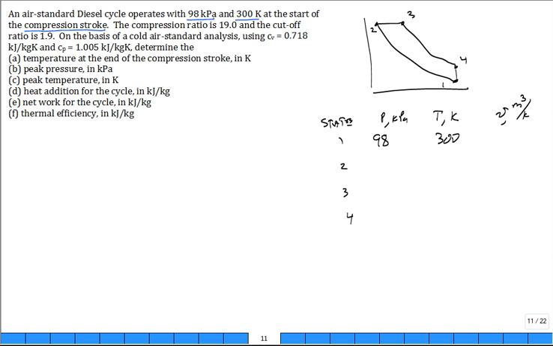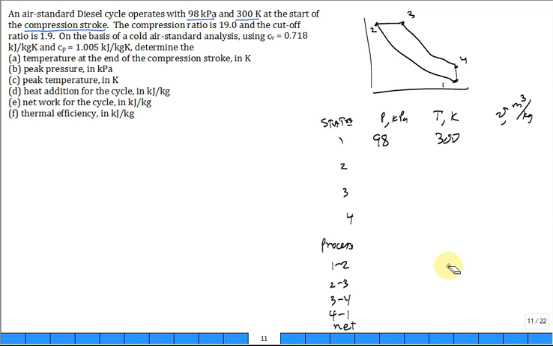It's just not needed. And then I also make a table of the processes, 1 to 2, 2 to 3, 3 to 4, 4 to 1, and then I always leave a little after it's net, sum the ones above, sum the Q's in kilojoule per kilogram.